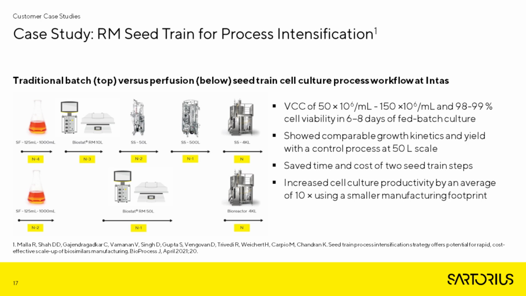So overall, our customer was able to save time and costs that were associated with the 2 additional stages of the seed train. We also were able to confirm that overall cell culture productivity was increased approximately 10-fold in a substantially smaller manufacturing footprint.